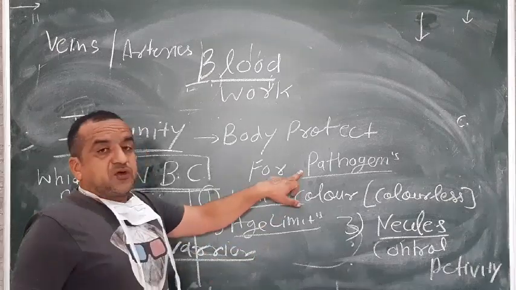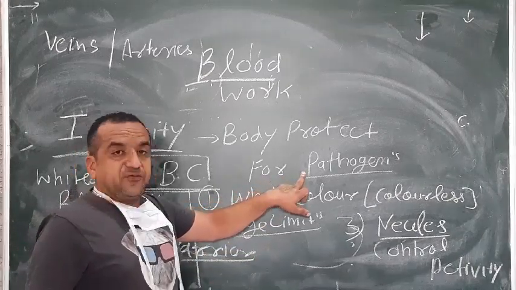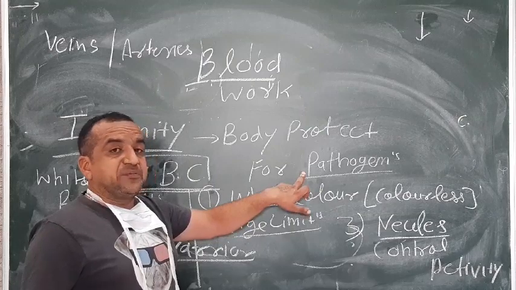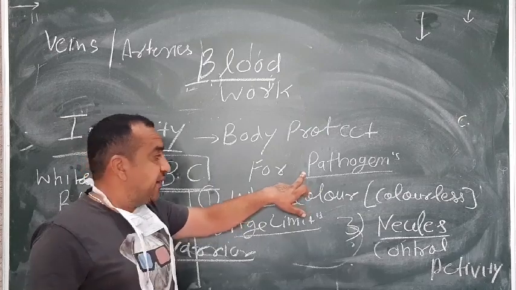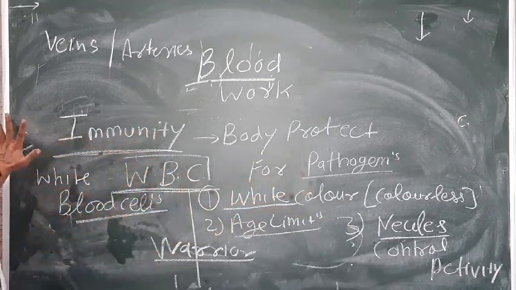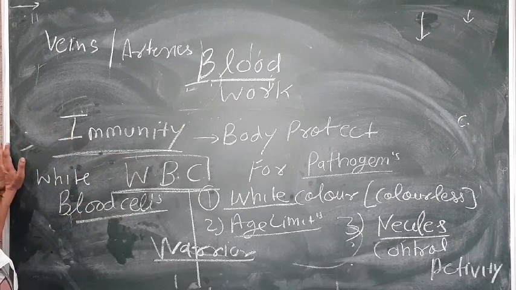They are of two types, good and bad. Good bacteria is good for us and bad bacteria is the main cause of disease in your body. For that, we protect our body with the help of WBC.